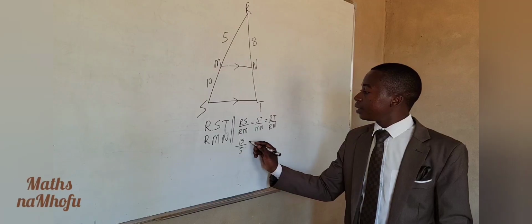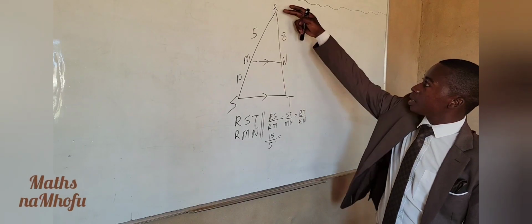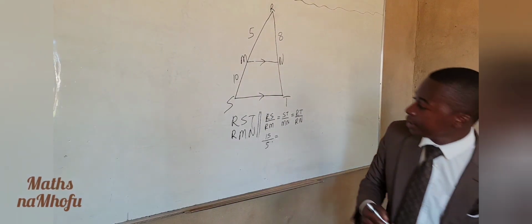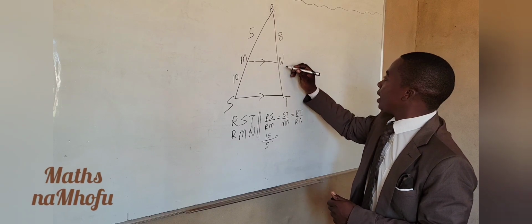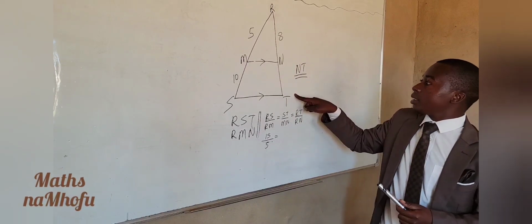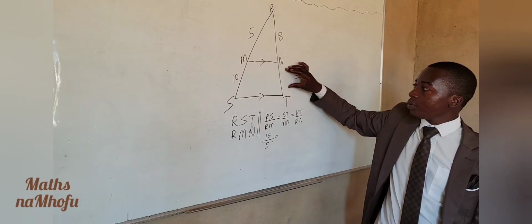RM, that's 5, equals. What is it that we are asked to find? We can use it with this side, RT. Since we are asked to find NT, which is this part, when we get RT, we say RT minus 8, and then we remain with this part.